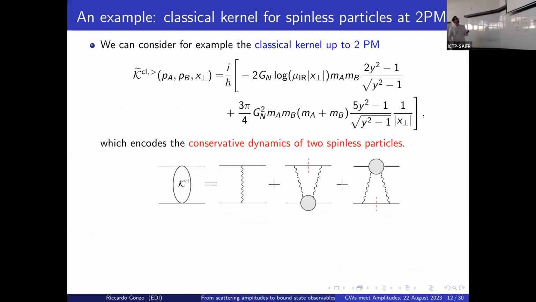Okay, so what's an example of the kernel? As I said before, here you get up to 2PM. Everyone here doing amplitudes knows this. I'm just going to explain, you basically sum up these diagrams. So you have a tree-level exchange, which is just the first Post-Minkowskian order. And the second Post-Minkowskian order is just given by these triangle diagrams in four dimensions. And you see that the massive propagator is cut.